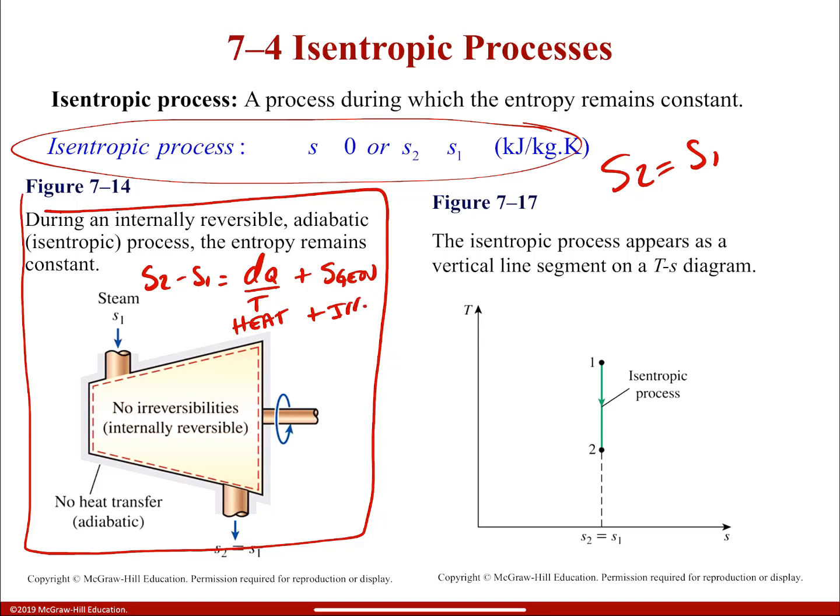So if they're telling you that it's internally reversible, that means there's no entropy generated, so this equals 0. And then they're telling you that it's adiabatic. If it's adiabatic, there's no heat exchange with the surroundings, and therefore this term is also 0. So then you're going to have S2 minus S1 equals 0, therefore S2 equals S1, and this is what? An isentropic process. Super simple, and easy to make sense of.